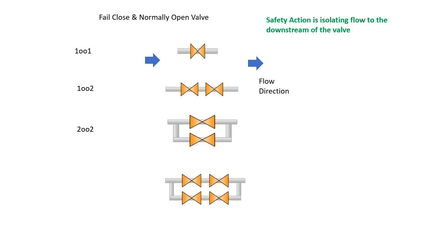So here you can see it is a 2 out of 2 combination between 1 out of 2 combination, right? There are two valves that are in series, and there is a bypass line, and in the bypass line there are again two valves, right?